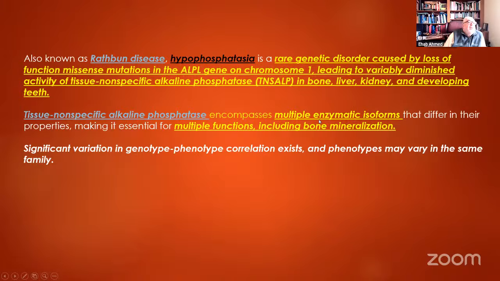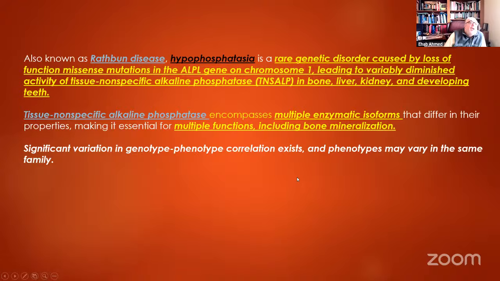We have multiple enzymes, at least 4 of them. And the sources of the enzyme are mostly from the liver and from the bone. So when you have a baby with high alkaline phosphatase, look for the liver and bone. When you have a baby with low alkaline phosphatase, look for the bone.